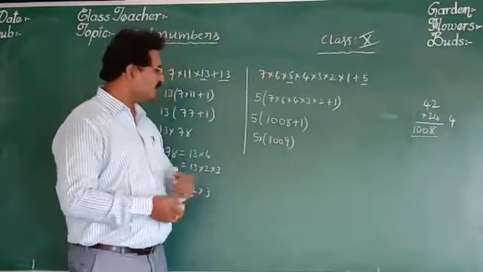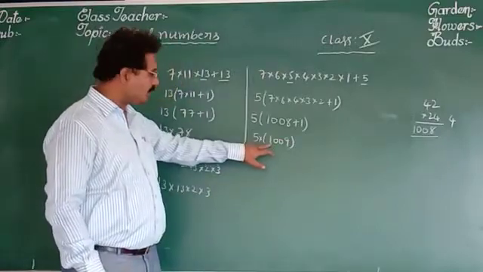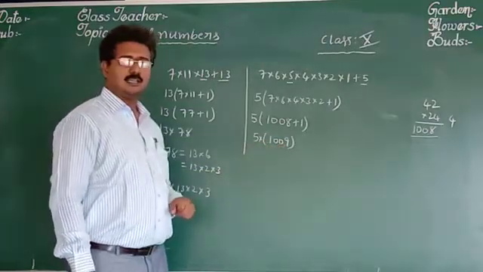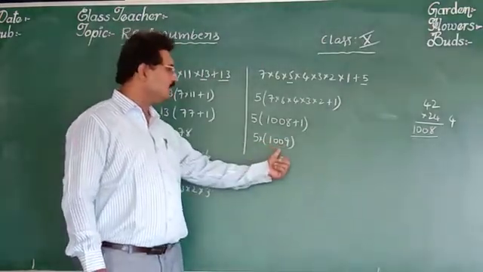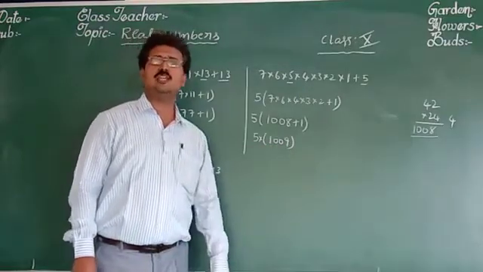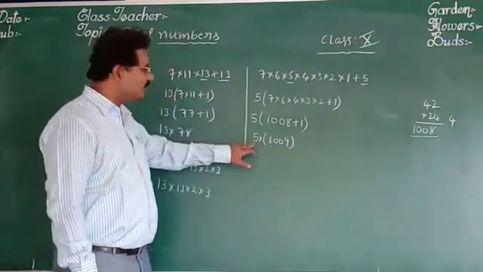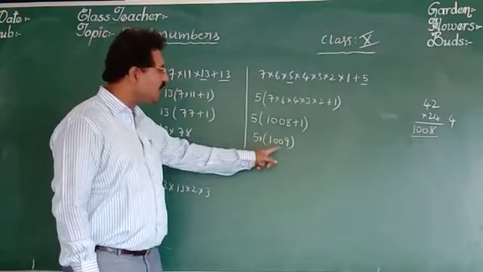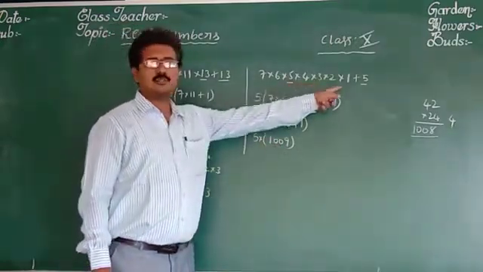If you multiply with 3, 3 3s are 9, 1 carry 1, 9. Whatever it may be, 1009 is a prime number. Since 5 is also a prime number, in one way it contains 2 factors, so it is a composite number.